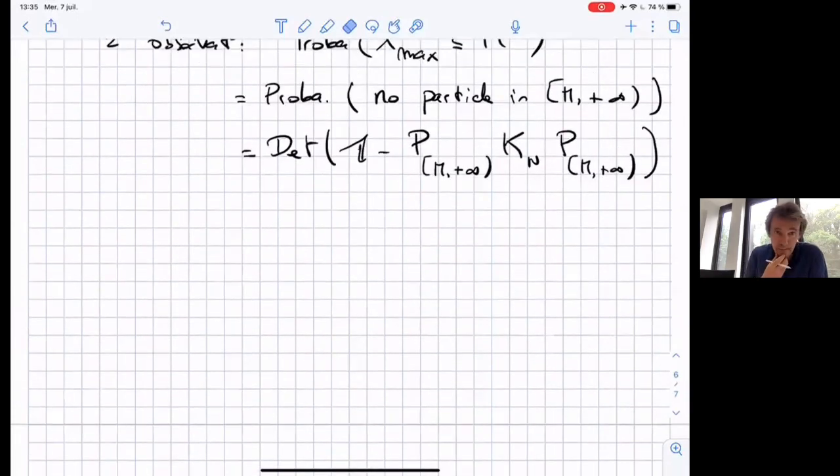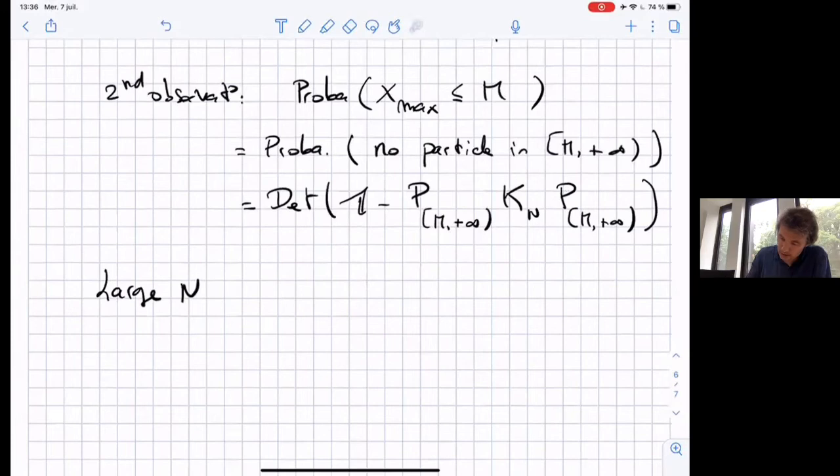But okay, now what I really want to understand is the large n limit of the kernel, because if you want to analyze the large n limit of such a formula, what is very nice in this kind of formula is that n only enters here.